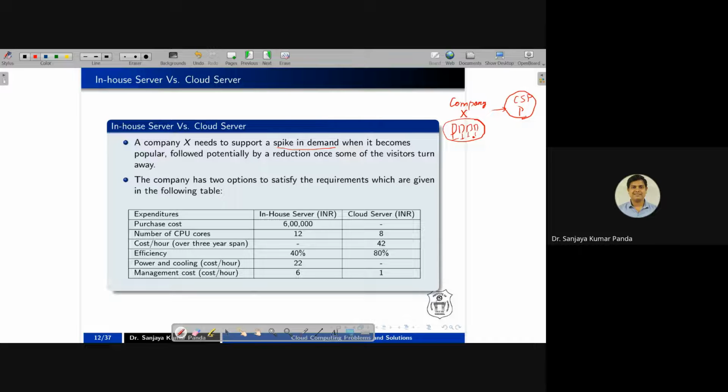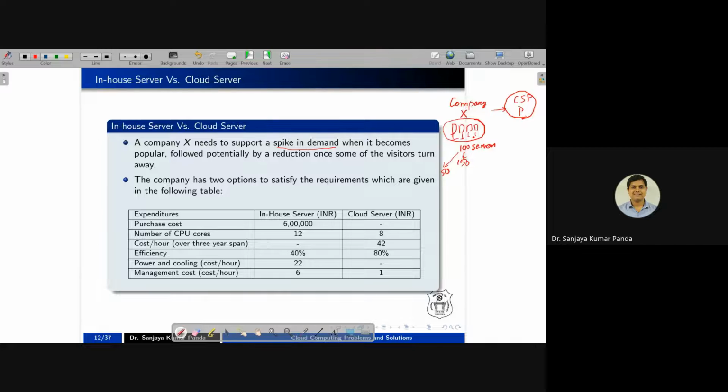Spike in demand means demand suddenly increases or demand suddenly decreases. For example, in your in-house server, you have 100 servers. So if there is a spike in demand, you need 150 servers. If there is less demand, meaning suddenly there is a fall in demand, then you need 50 servers.